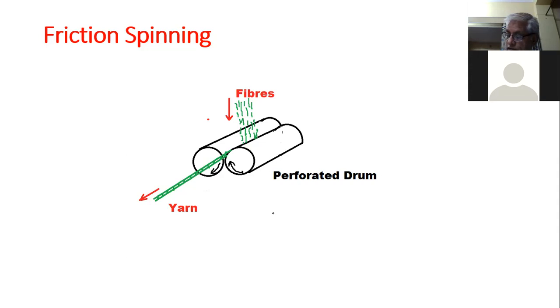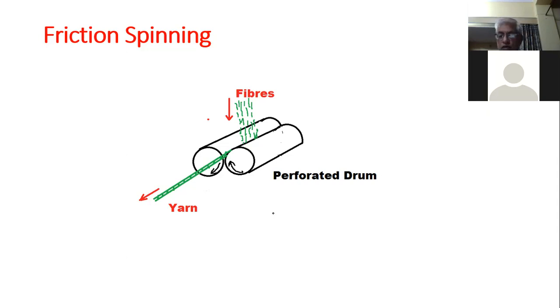So after feeding and then opening the fibers, there is one point to be noted, that fibers are falling on the surface between the two drums. When they are coming between these two surfaces, disorientation of the fibers takes place.